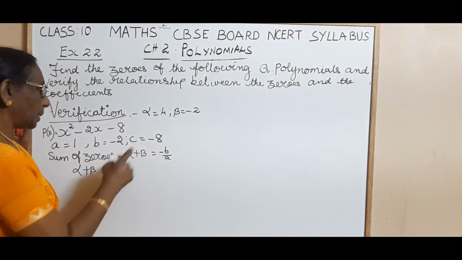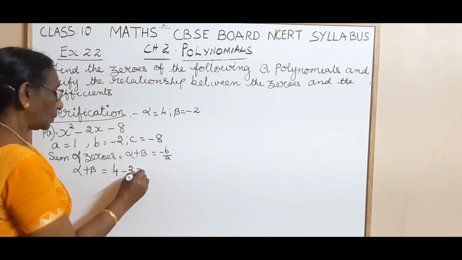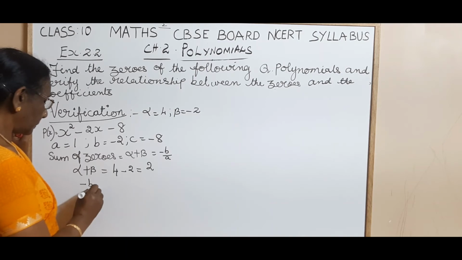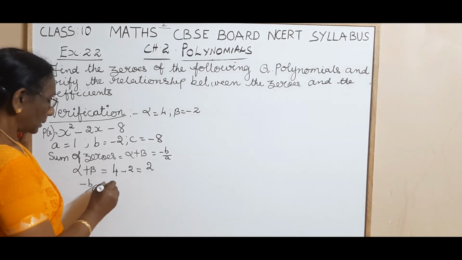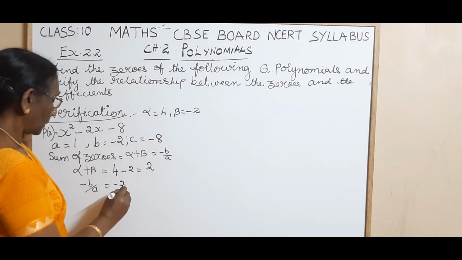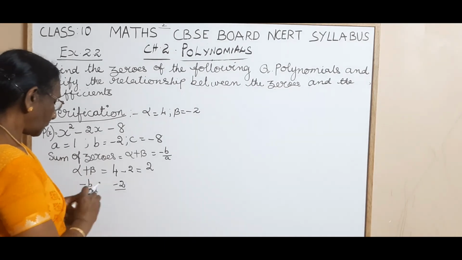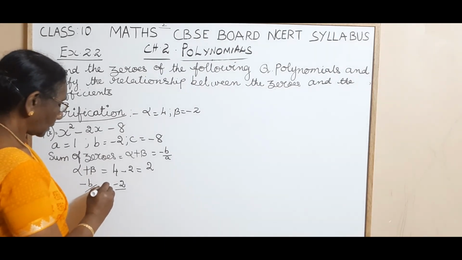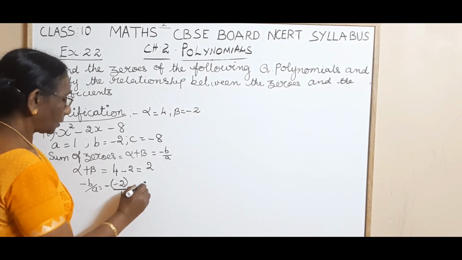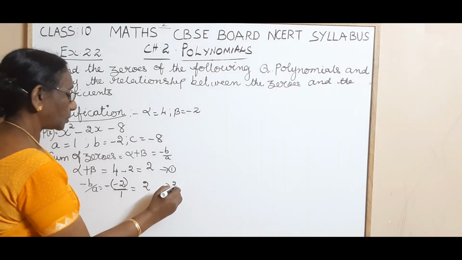So alpha plus beta is equal to 4 minus 2. What do you get? 2. Now minus b by a is what? Minus b is minus of minus 2, divided by 1, so is equal to 2. Write this as 1 and write this as 2.